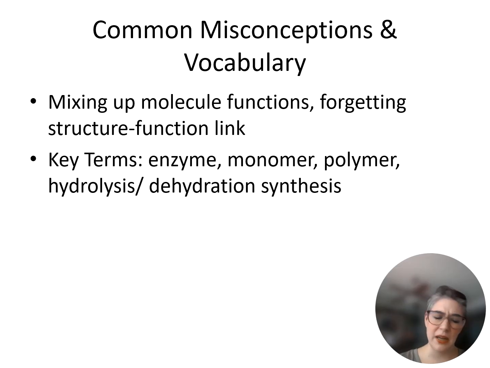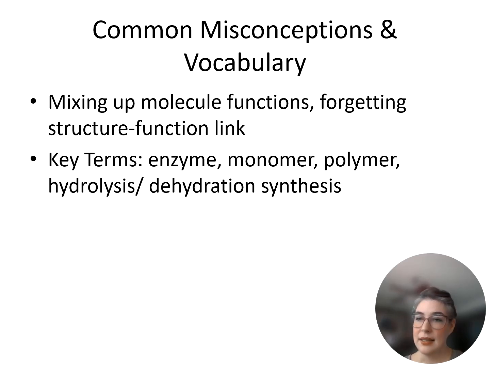Just some key terms that I want to make sure that we're not glossing over because you're going to see these terms over and over again. So I want to make sure that, hey, I should write these down so that I know when I hear this what it means, and when I use it, that I'm using it correctly and accurately. So enzyme, monomer, polymer, hydrolysis, dehydration, synthesis, those are terms that we're going to see as we go through this section of the unit.